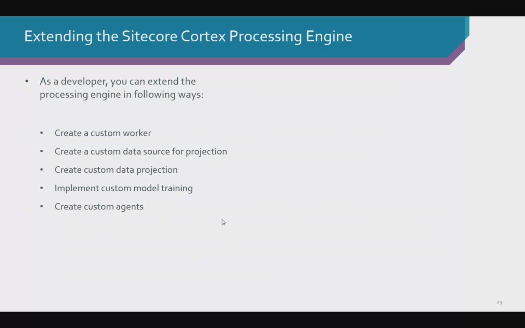So you can have your interaction data or collection data in 3 or 4 or 5 different tables, but now you want to have one unified table. In ML terms, that's called data projection. So you can create your custom data projections. You can implement custom model training or create custom agents.